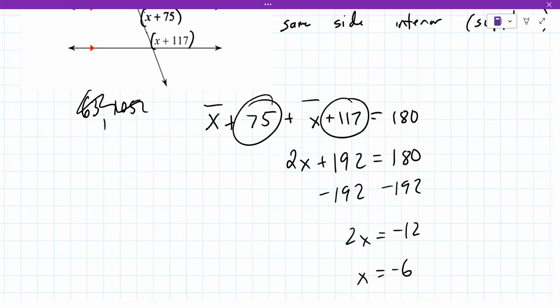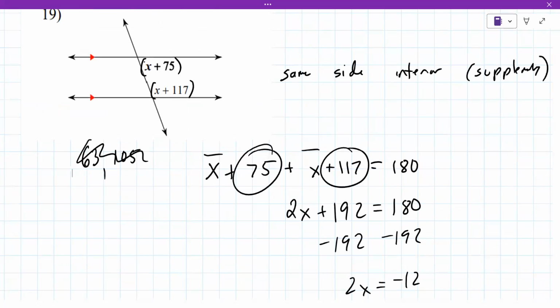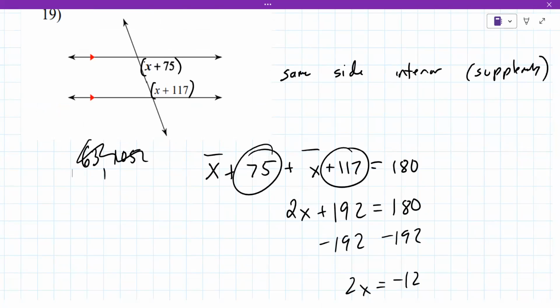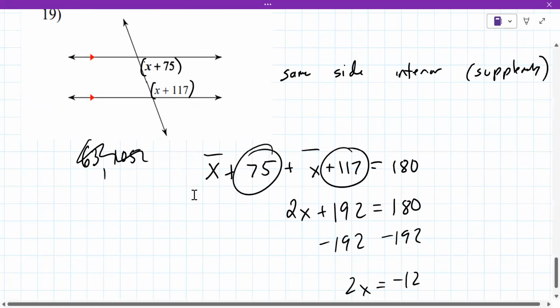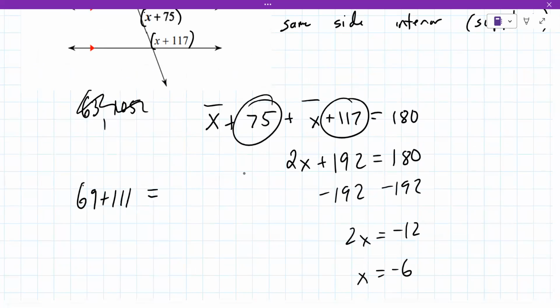All right, now I can do it. 69 and 111. And does 69 plus 111 add up to 180? Yes, it does. Okay.